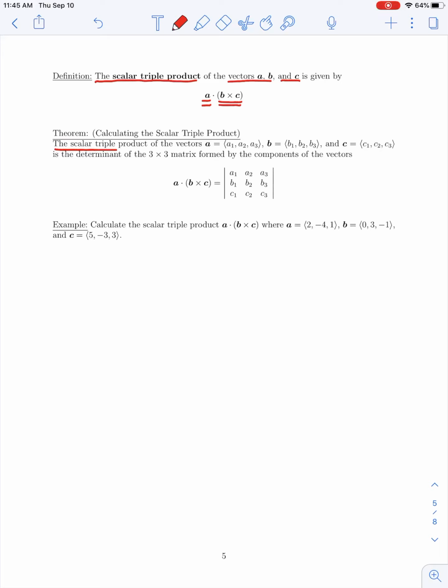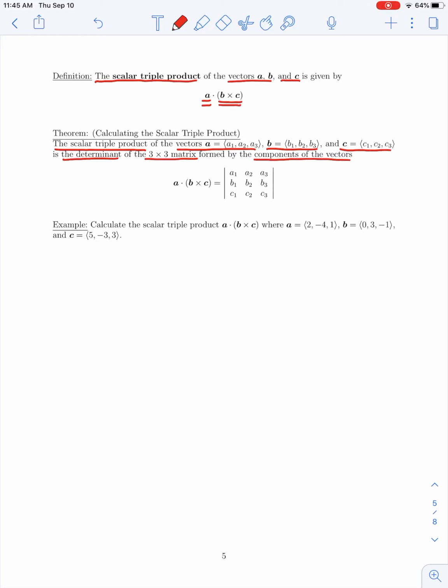It says that the scalar triple product of the vectors A, B, and C, which are three-dimensional vectors whose components are known, is given by the determinant of the 3x3 matrix formed by the components of these vectors.